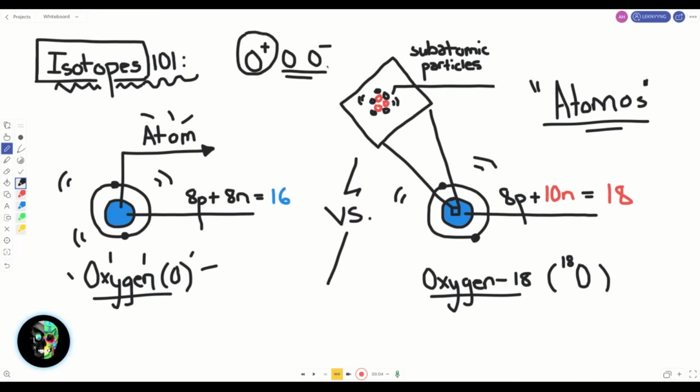Neutrons and electrons are still important, right? Neutrons are just important in determining the atom's mass. Electrons are important in determining the atom's charge, but what determines the identity of the atom itself is the proton, right? Those things living in the nucleus that have a positive charge.